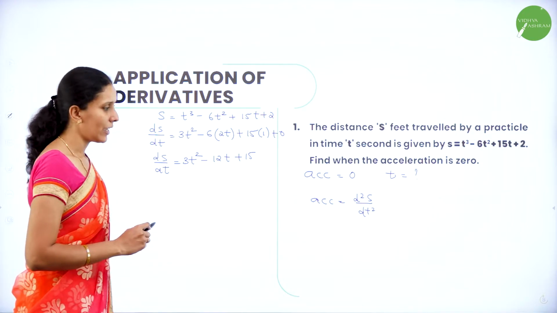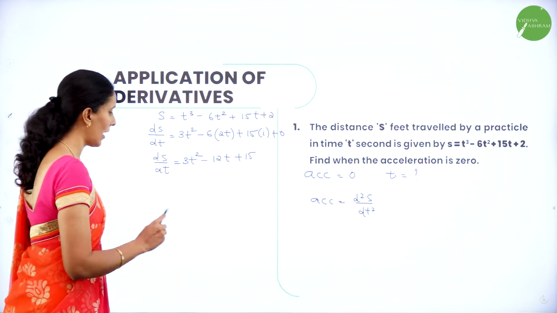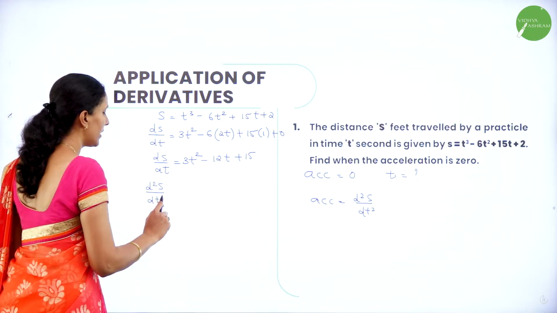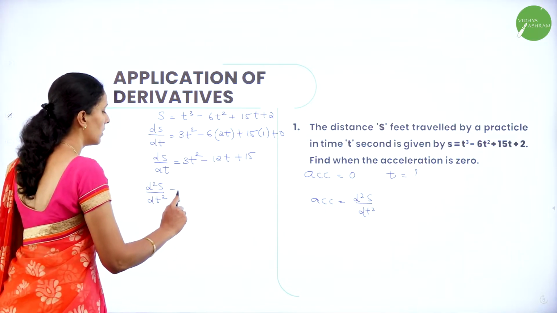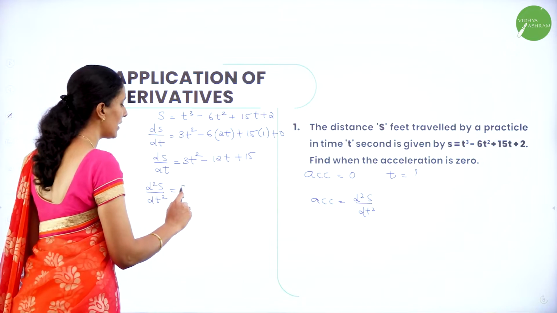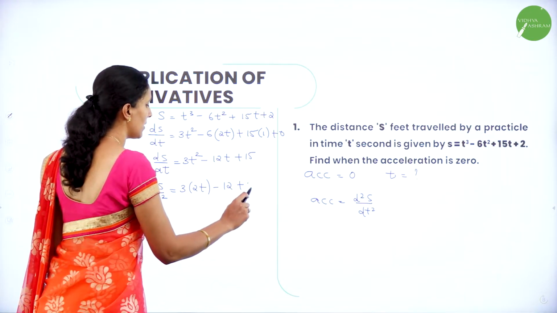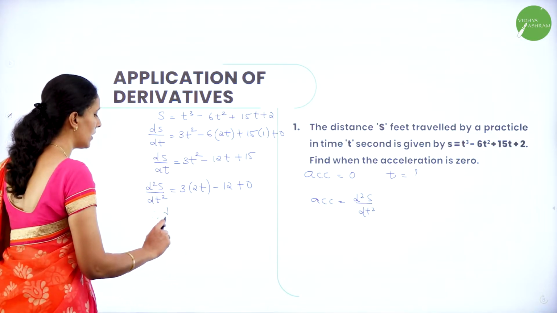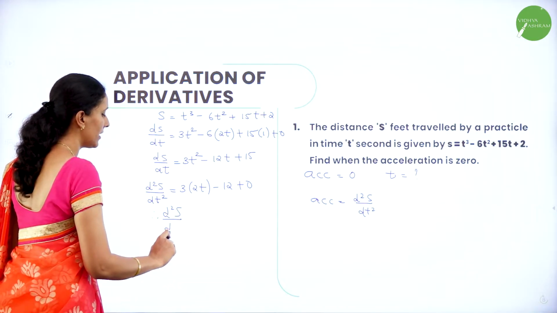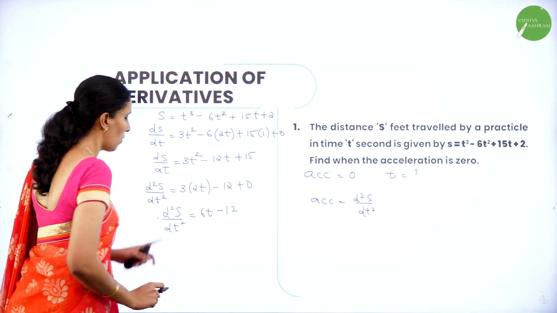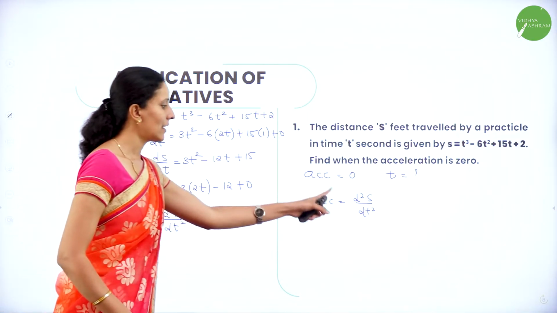Now let us differentiate it again because I need the second order derivative. So d square s by dt square can be written as 3 into 2t minus 12 plus 0. Therefore, d square s by dt square is nothing but 6t minus 12. What is this actually? Acceleration.